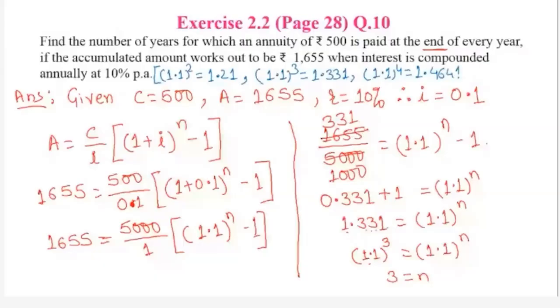Let me take one more. 1.1 raised to 5 is equal to 1.61051. I took help of a calculator here.